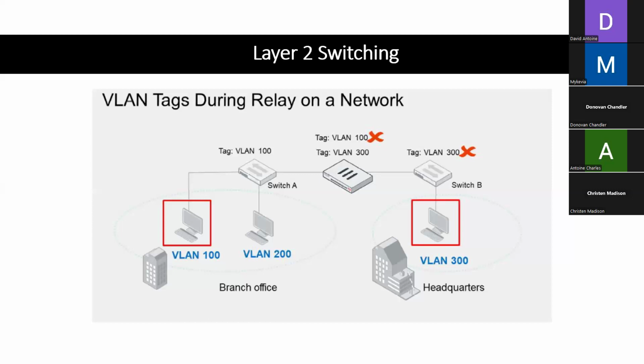So now the FortiGate is going to tag this frame that originally had VLAN 100 on it. It's going to tag it with VLAN 300, and say, excellent, I'm going to send it off its merry way. The FortiGate's now going to send it to switch B.